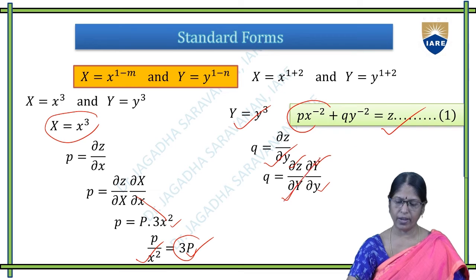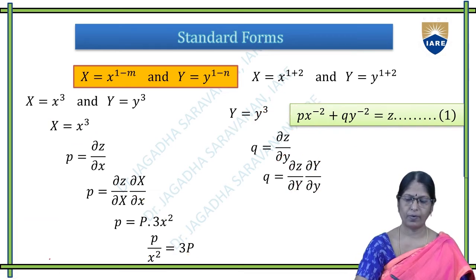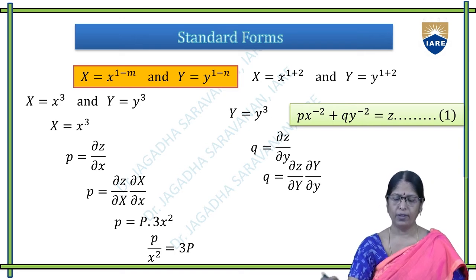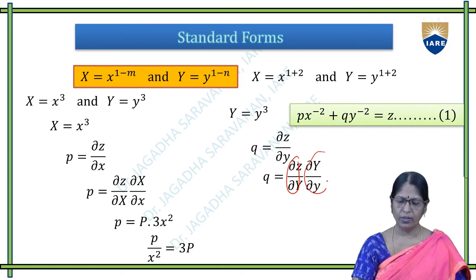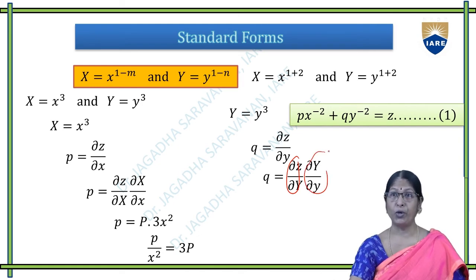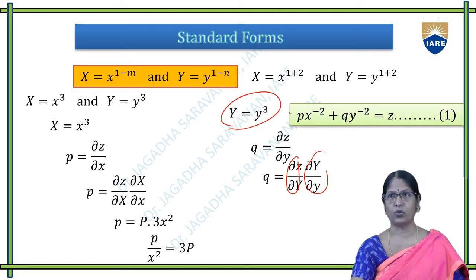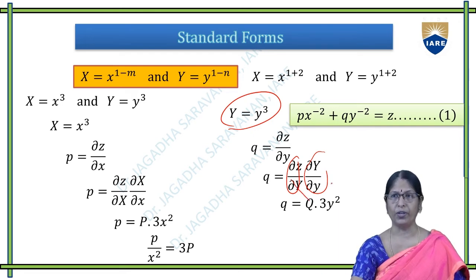We insert it in a correct way. So dou z by dou capital Y, this notation is capital Q. Here, dou capital Y by dou y, we have to do the differentiation with respect to small y. That is q equal to capital Q into 3y square.